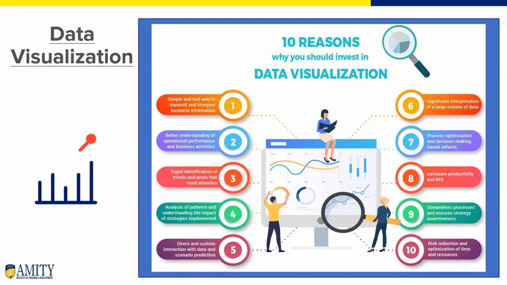You can understand trends and areas. You can understand patterns that are happening in your data. So for example, this particular trend line is showing there's an increase and then maybe it's stopping somewhere, etc. And of course, very quick interpretation of a large volume of data.